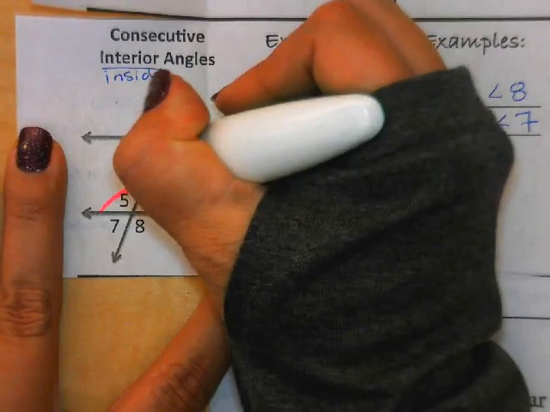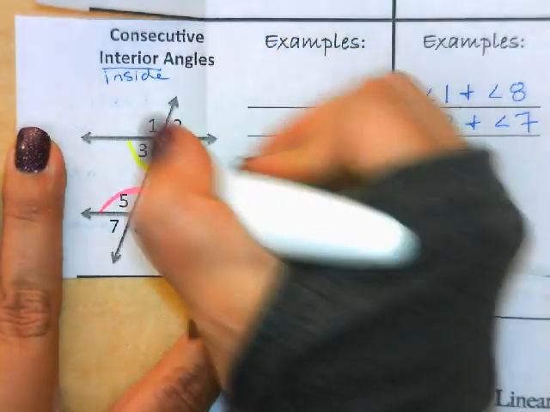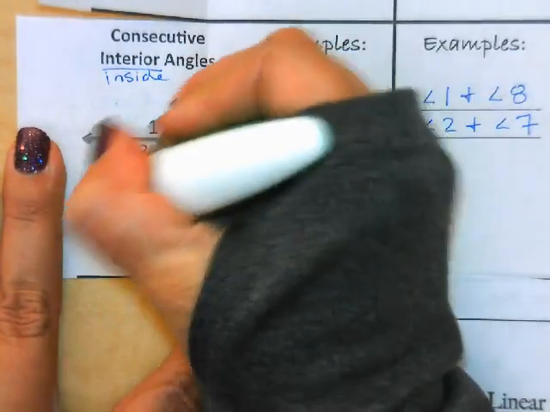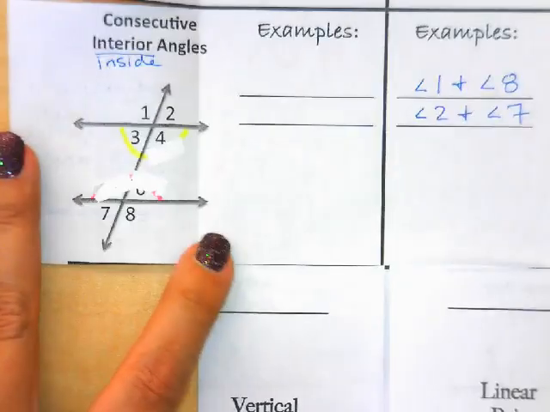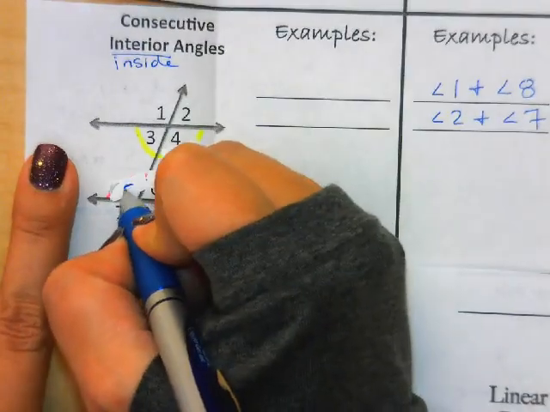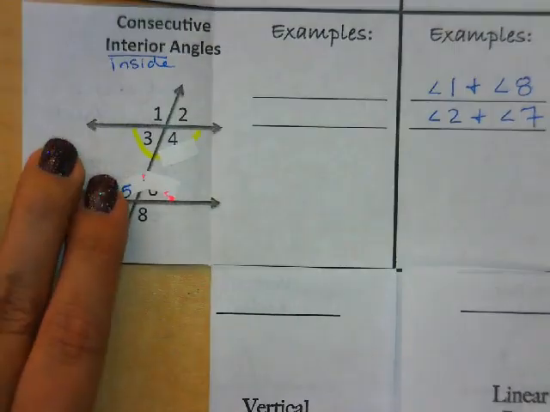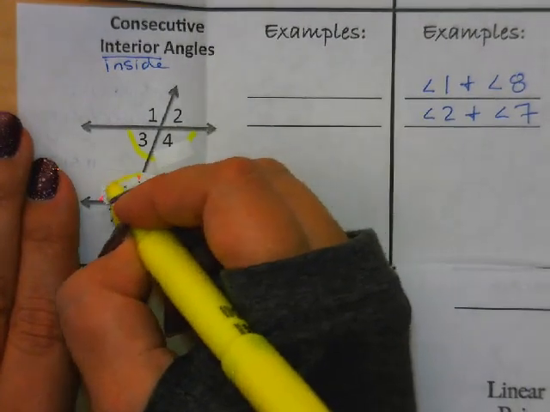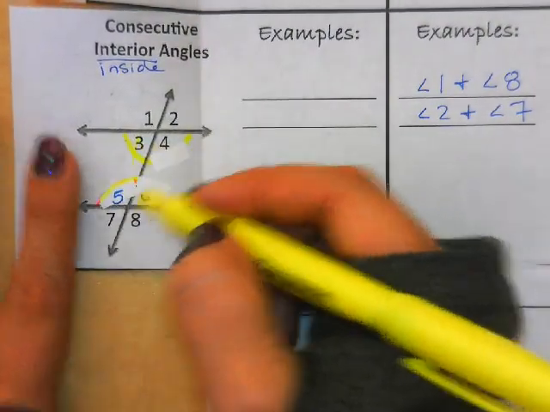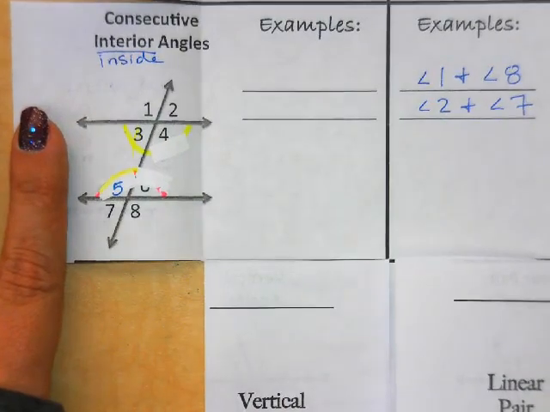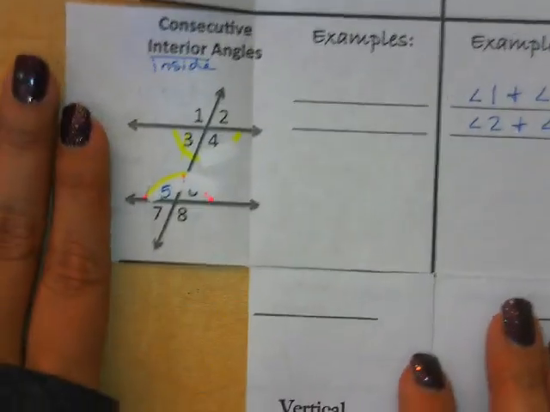We're not crossing the transversal. I apologize. So let me take that back. Let me put my 5. So 3 and 5, because they are consecutive and they're on the same side of the transversal. Alternate was when we were crossing. So I apologize. That was my mistake.